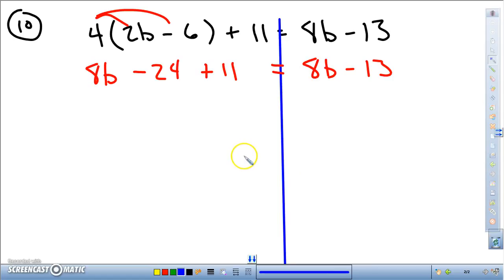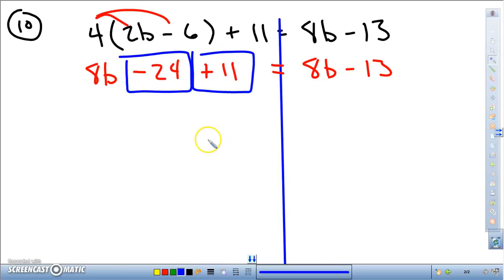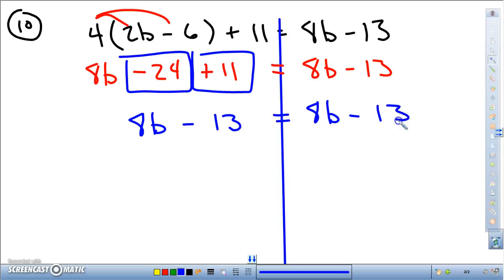And again, if I have like terms exclusively on the left or on the right side, I can combine those. So I have a minus 24 and a plus 11 on the left side. These are like terms on the same side of the equation, which means I can combine them. So that gives me 8b minus 13 on the left, and then I bring down my 8b minus 13 on the right.